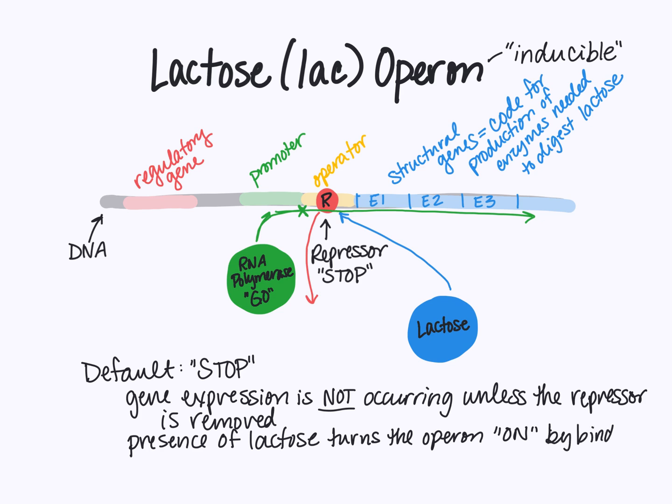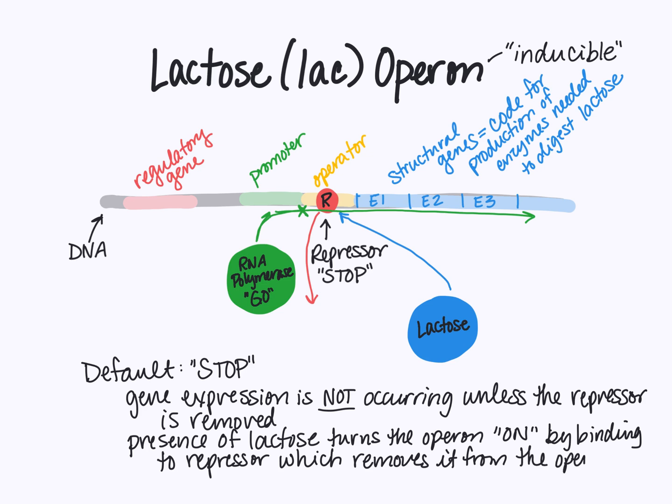And it does this by binding to the repressor, which causes it to be removed from the operator. Once the repressor is removed, the polymerase is able to transcribe the genes in the operon.